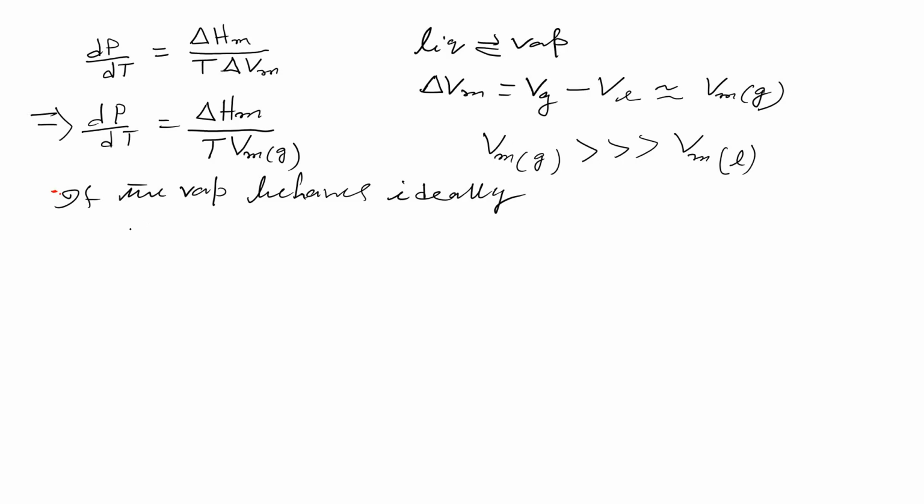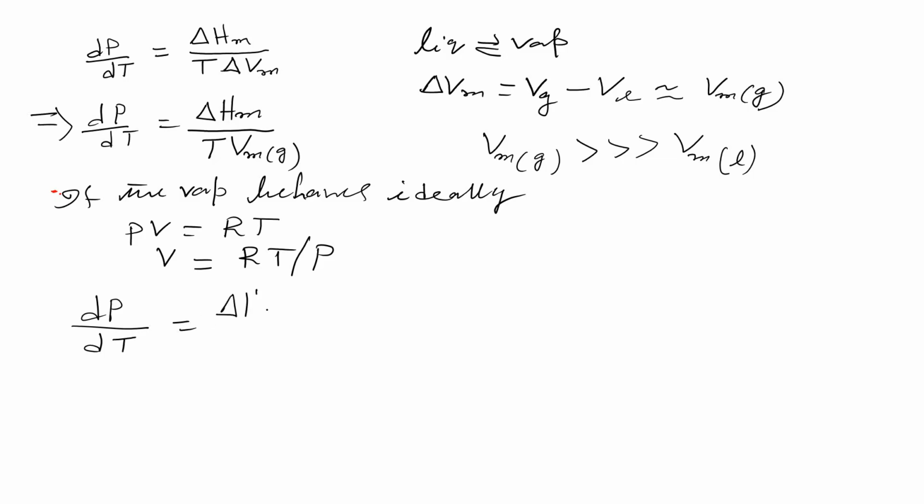Then we know for 1 mole PV is equal to RT. So the volume of the gas is equal to RT by P. So in this place I can write RT by P. So my equation, the Clapeyron equation, will become dP by dT equal to delta Hm divided by T and also RT by P, that P will go up, right?